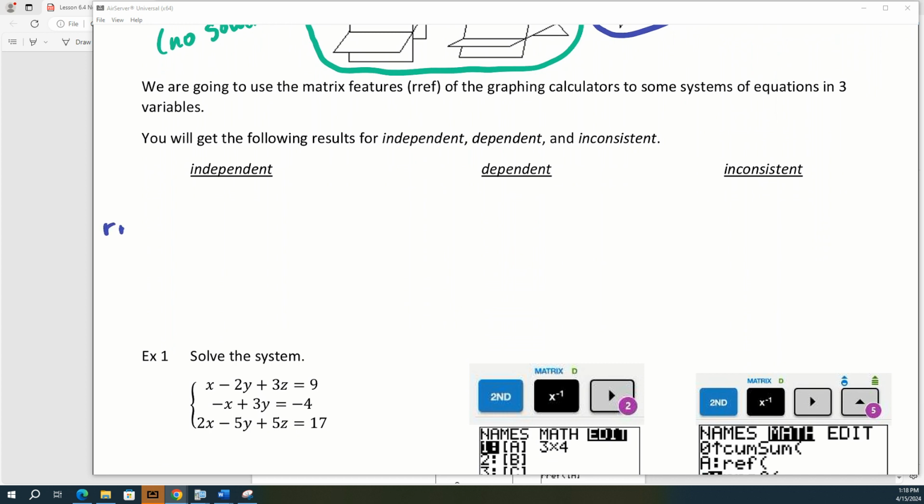It would be RREF of matrix A equals a matrix that has 3 rows and 4 columns. The first row is 1, 0, 0, 2. The second row is 0, 1, 0, negative 5. The third row is 0, 0, 1, 4.